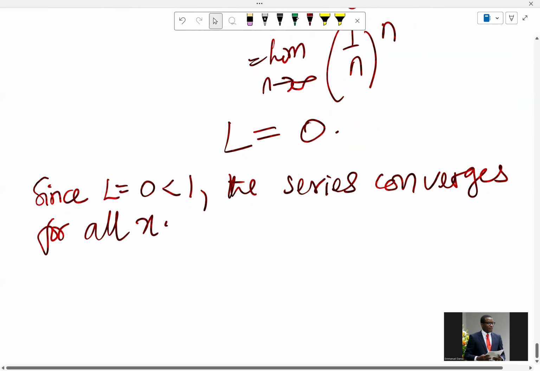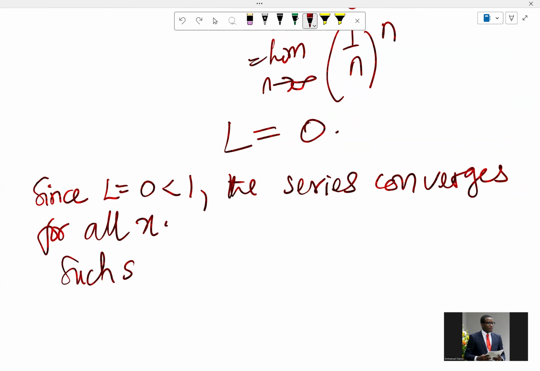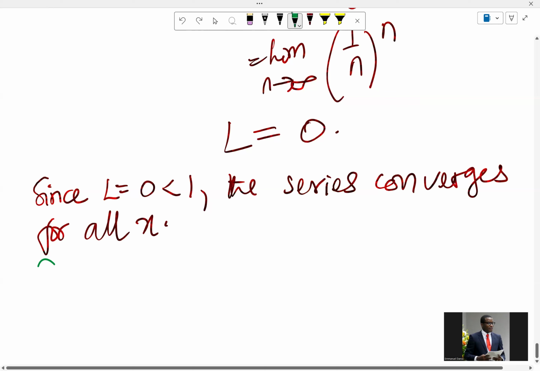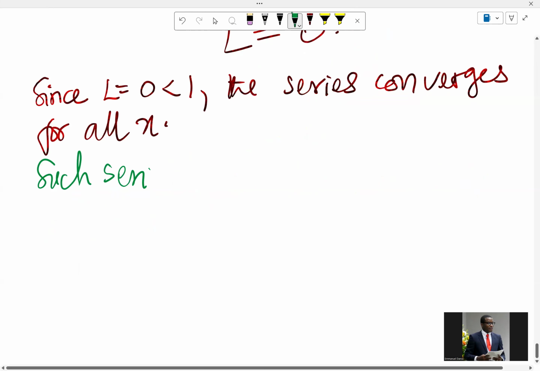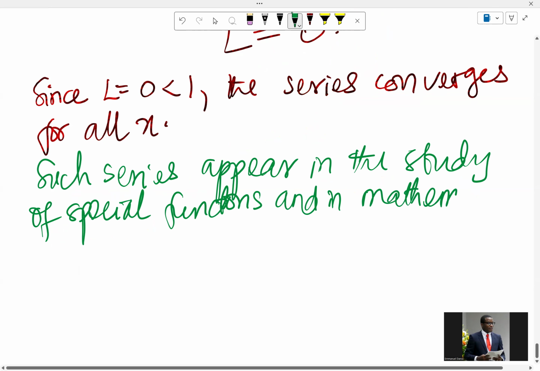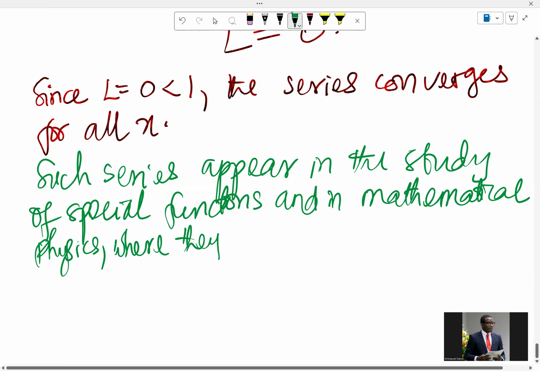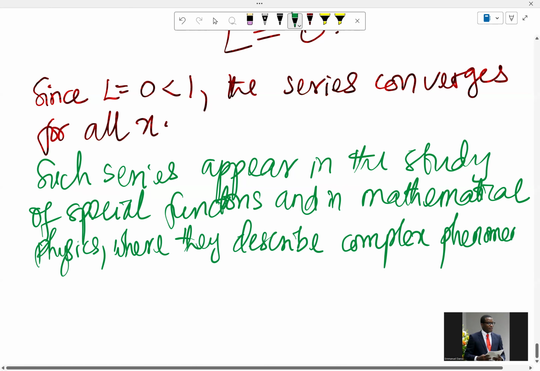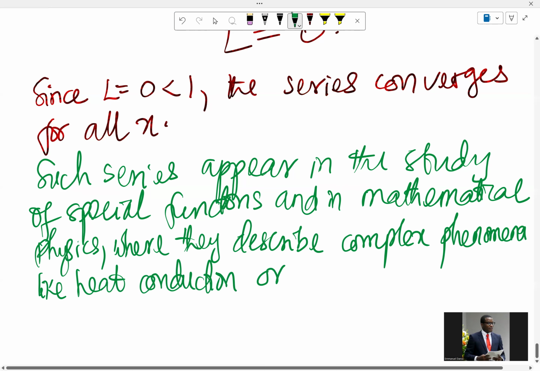So the application is that such series appear in the study of special functions, and in mathematical physics, where they describe complex phenomena like heat conduction or wave propagation.